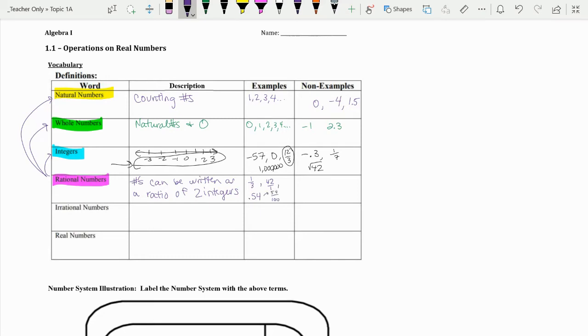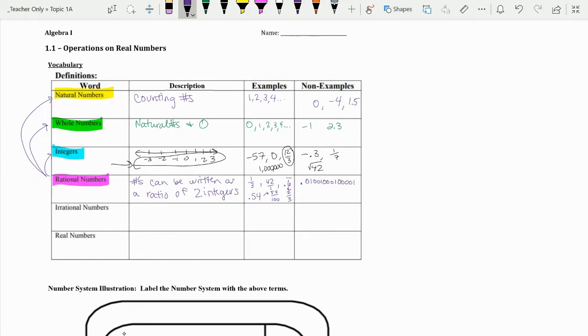So decimals are rational numbers sometimes. 0.6 repeating is a decimal. It goes on forever, but that's also known as 2/3. That is rational.